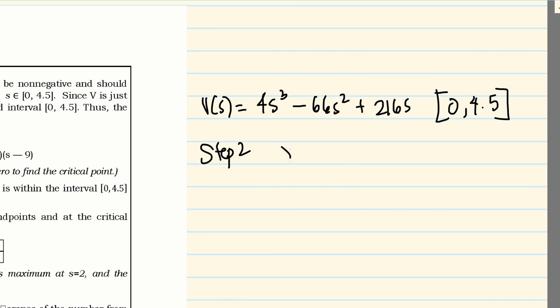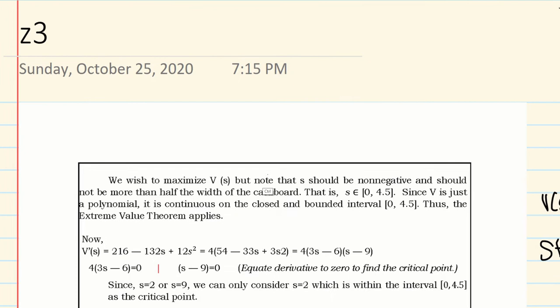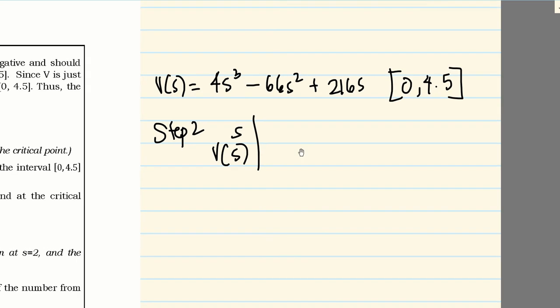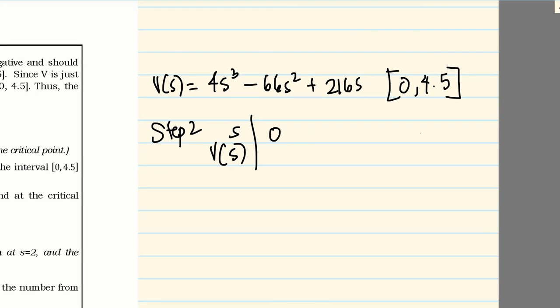We're proceeding to step 2, we copy that one. This is not f of x anymore, it will be V(s), and this one is not x anymore, it will be s. Our value should be 0, and here is 4.5.